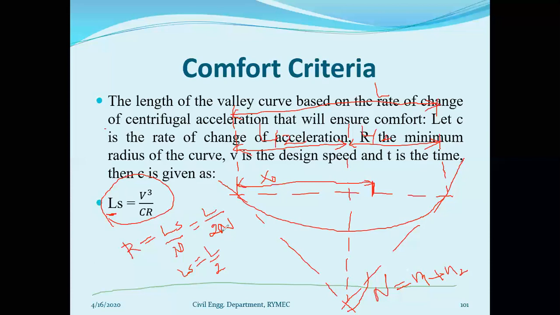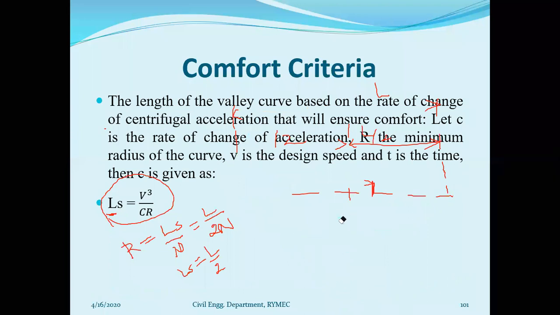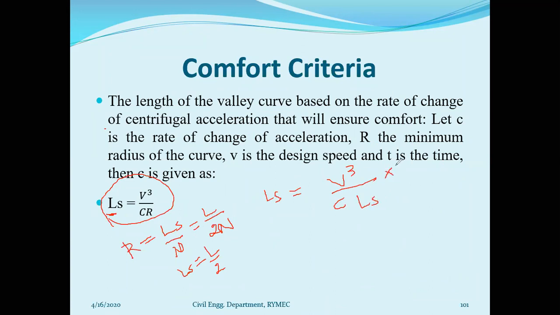So the same thing, whatever the values I have got over here, if I substitute in the given equation, definitely what was I going to get? LS is equals to what I used to get if I was substituting all the values in this first case. See here, LS is equals to VQ divided by C into R, and R was LS divided by N. So can I write here LS multiplied with N?